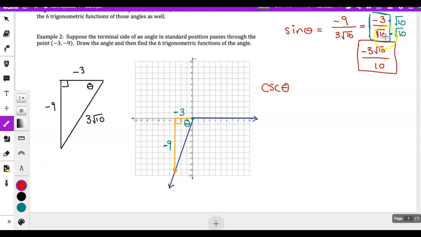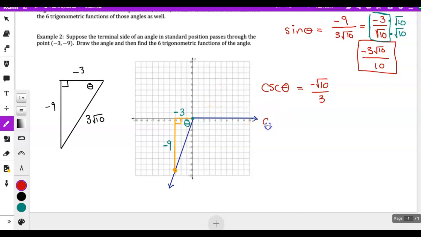So if I flip this, I get -√10 over 3. Like I said, you could flip the rationalized one, and you'd get the same answer if you rationalized it and simplified it correctly, but it's much easier to go back and flip something that's unrationalized, and then it immediately becomes rationalized.